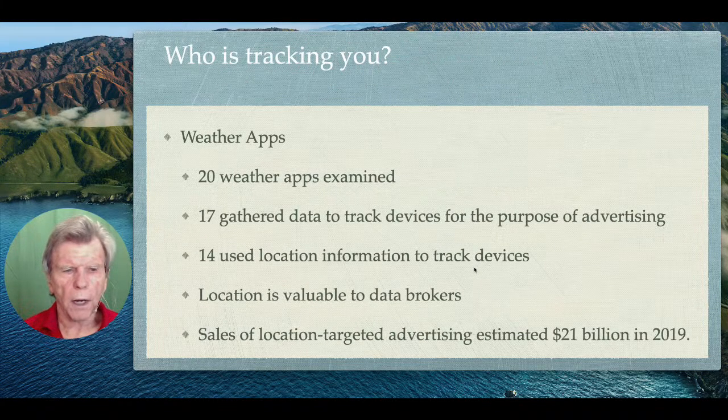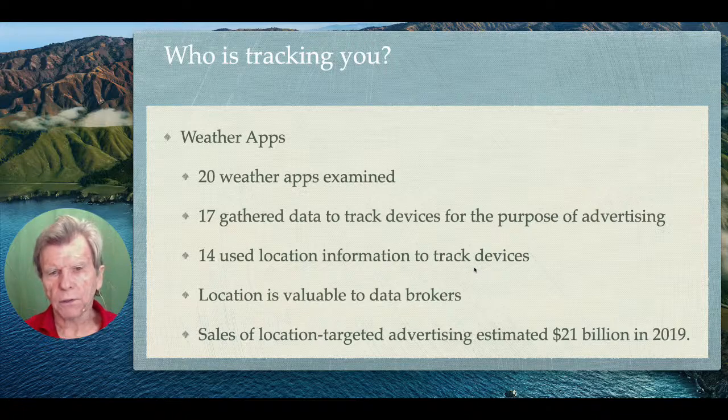So who's tracking you? Well, let's look at some sample types of apps that are tracking you. Weather apps. You might think that weather apps are innocent little apps just trying to give you information, but in fact, they are taking information from you in many cases. This is from a Wirecutter study. They looked at the top 20 apps in different categories.